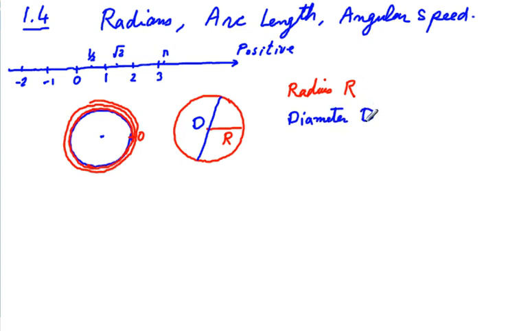So what's the connection between these two? Diameter is just 2r, or the radius is half of the diameter. The third measurement you could use for talking about the circle is, well, how far is it if you go around the circle just once? That's going to be the circumference, or the perimeter of the circle.